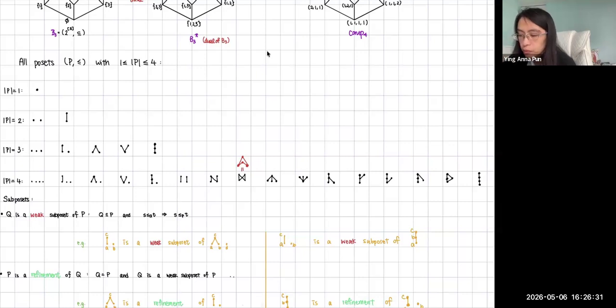And then we talked about the notion of subposet. There are basically two main versions: one is weak and the other one is strong, which is the induced one. A special weak subposet is the refinement. For most of what we are going to talk about, when I say subposet without saying weak subposet, I'm actually talking about the induced version.